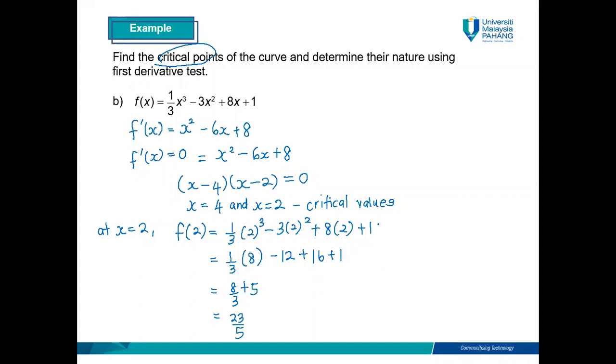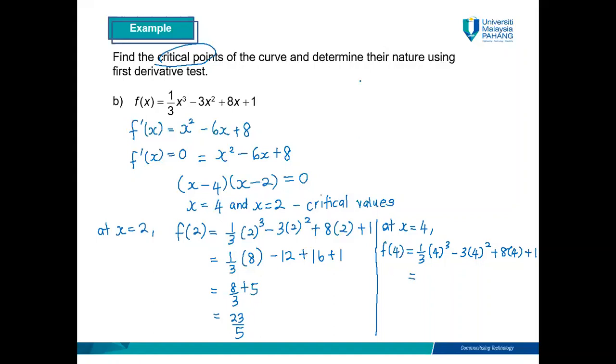You have another critical value at x is equal to 4. Then f of 4 equals 1 over 3 times 4 cubed minus 3 times 4 squared plus 8 times 4 plus 1.